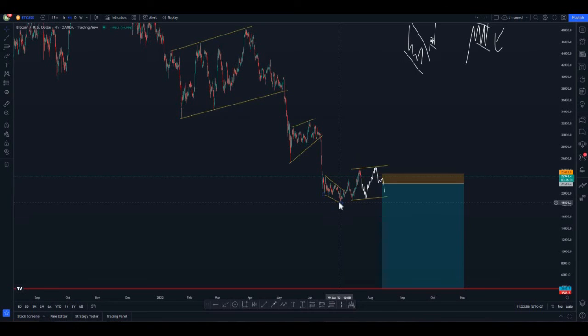Reason two, we have multiple corrective patterns and structural patterns that support it as well. Reason three, we have strong momentum towards the downside. You see? Four, you can keep on adding reasons. Why? Because we forecasted it. You see? That's you just adding your reasons. And this is how we're looking at Bitcoin.